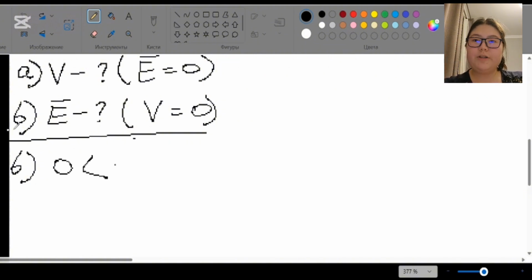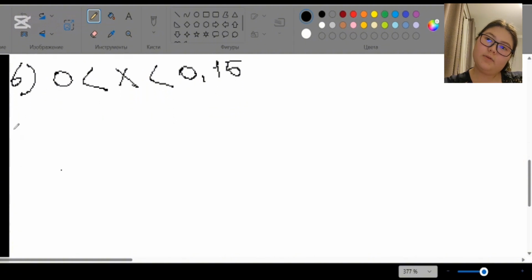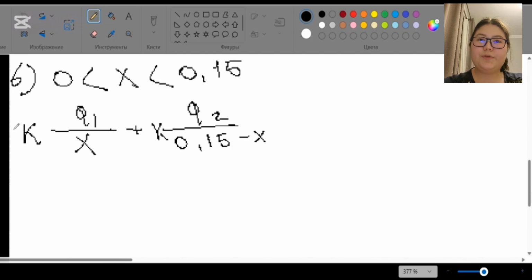We know from the text that our x is located between 0 and 0.15. Now let's calculate. We're going to use the formula k multiplied by q1 divided by x, plus k, our Coulomb's constant, multiplied by charge 2 divided by 0.15 minus x. Now we're going to subtract the x from our 15 centimeters.